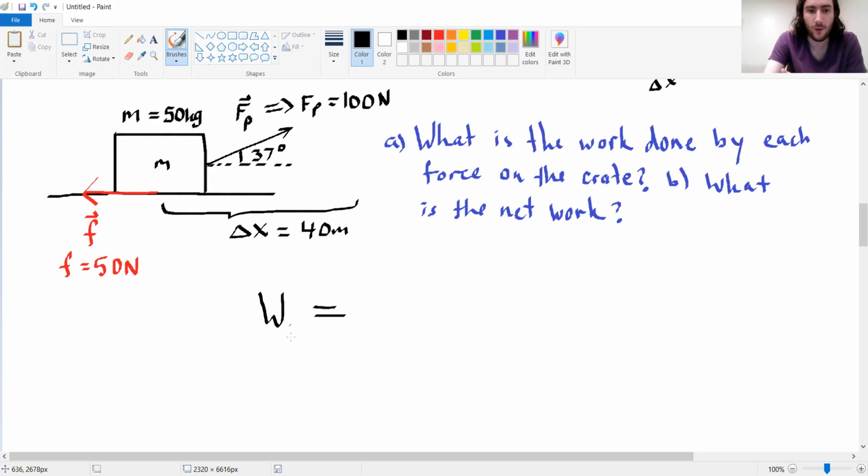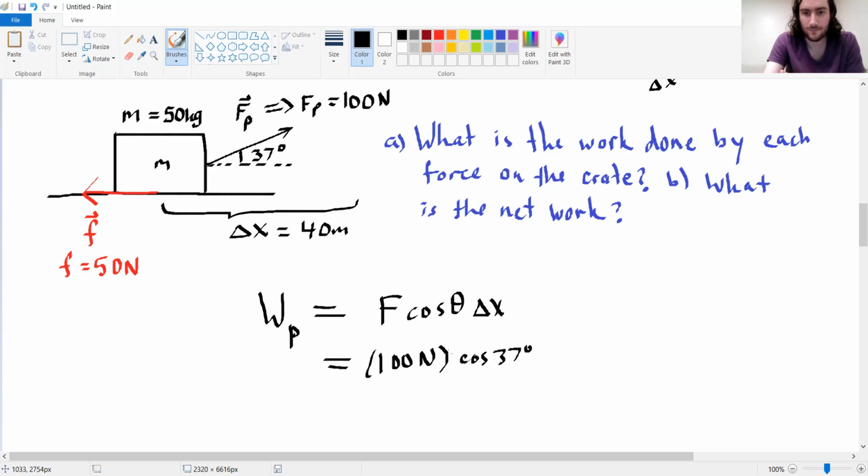So the work for the pulling force, I would write down F cosine theta times delta X. And then the force that I'm using there is the 100 newtons pulling force. And then it's cosine of that 37 degrees, and then times the delta X of 40 meters.